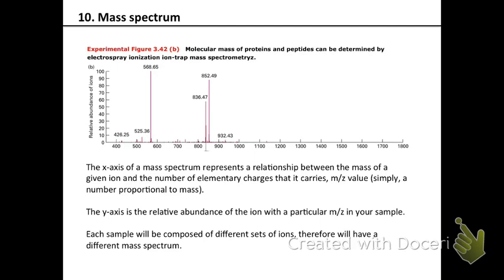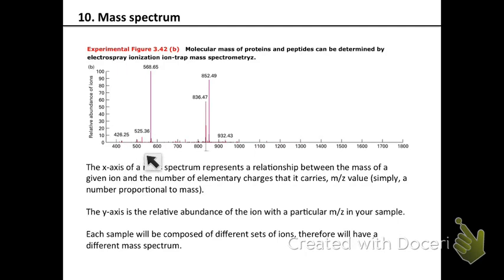Okay? So what you do is you basically put the mass value in the x-axis, and then in the y-axis you plot the relative abundance of ions that's coming from the detector, telling you how much charge it's seeing.